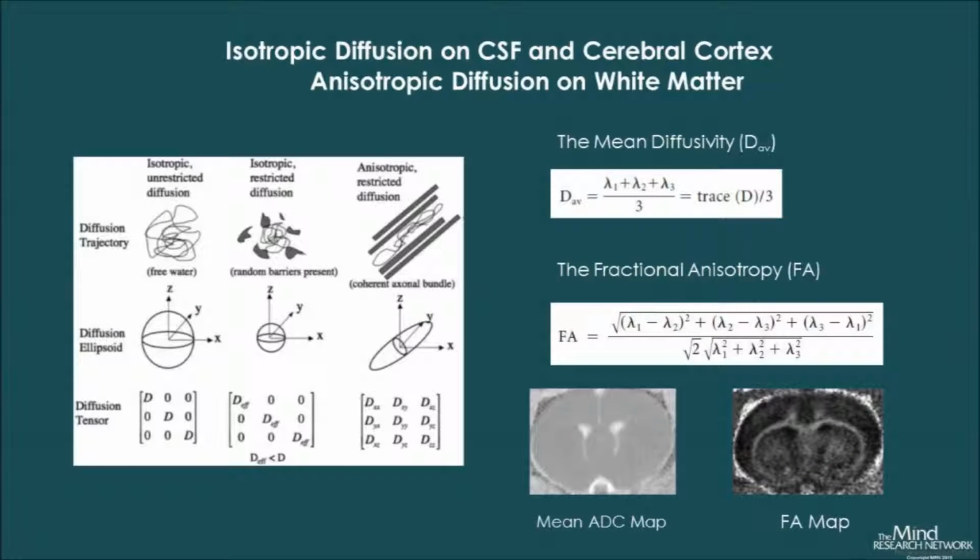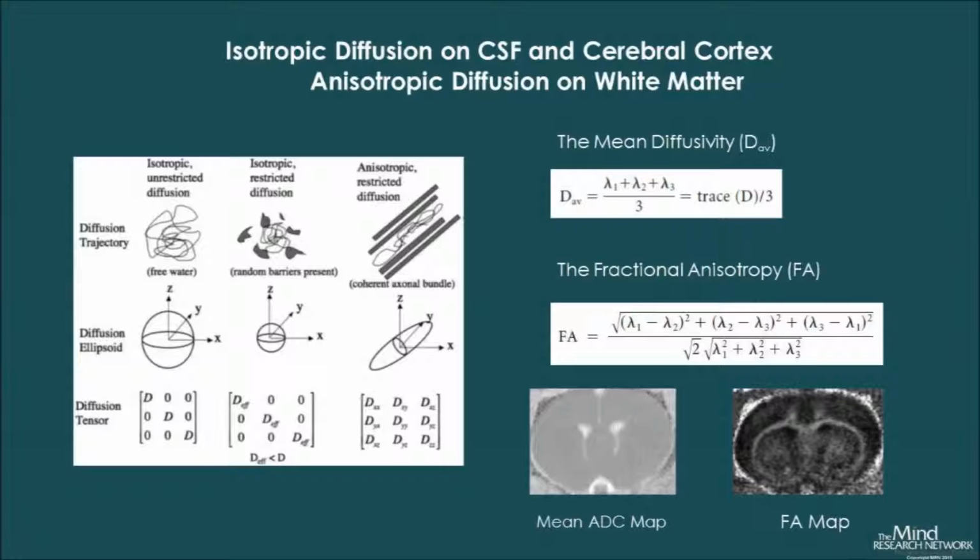Basically, we can classify diffusion into three categories. One is so-called isotropic unrestricted diffusion. The second is isotropic restricted diffusion. The third is anisotropic restricted diffusion. No matter what kind of diffusion, we can use diffusion tensor imaging to form a tensor, and use the eigenvalues derived from the matrix to calculate two fundamental parameters.